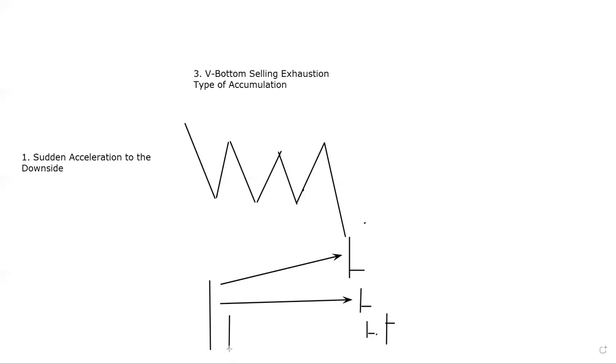And then on the third bar, you will see more decreased volume. And then on this last bar, the key reversal, you will see more decreased volume or you will see an increased volume.